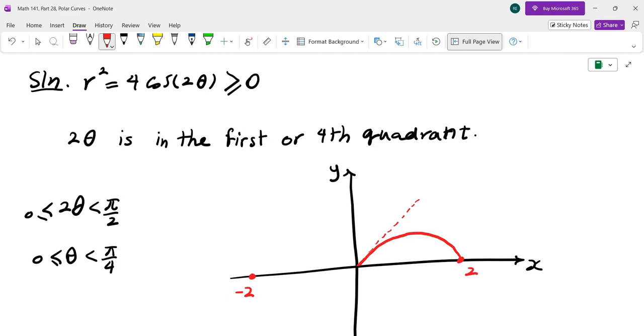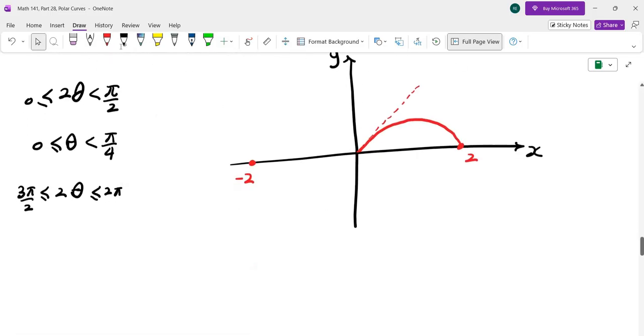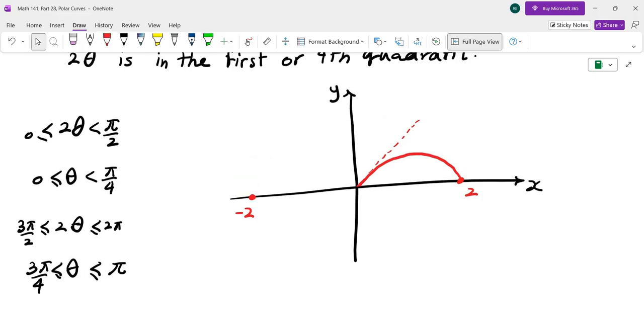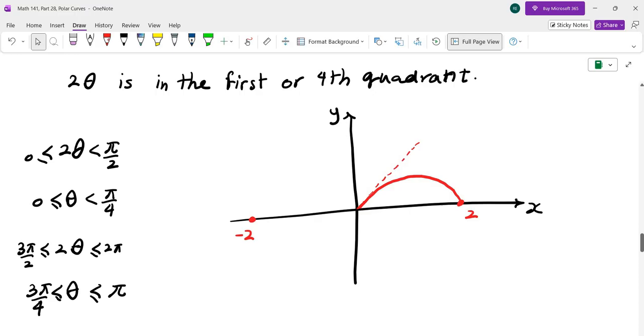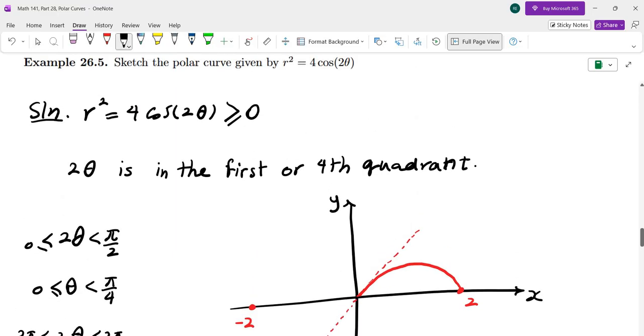And then if you look at the other side, 2 theta between 3 pi over 2 and 2 pi, that would mean theta is between 3 pi over 4 and pi. And by the way, for the reason that we just mentioned, if (r, theta) is a solution, then (negative r, theta) is also a solution, because this gives us r equals plus or minus 2 times the square root of cosine of 2 theta.